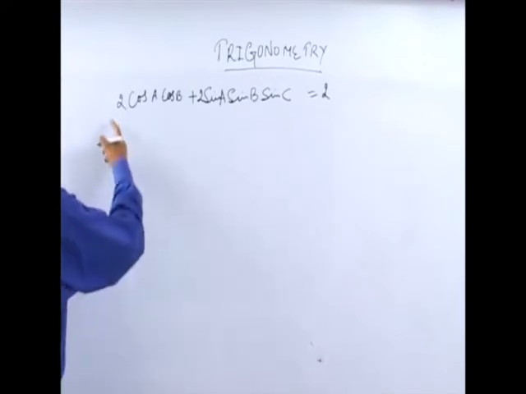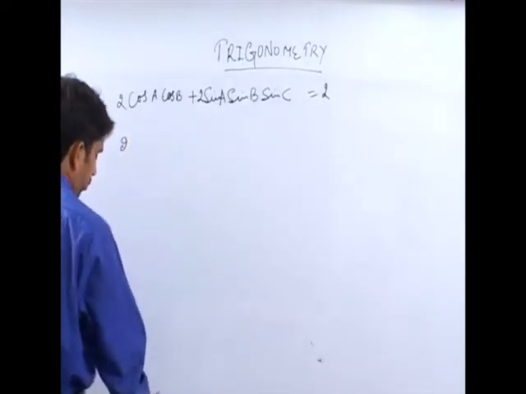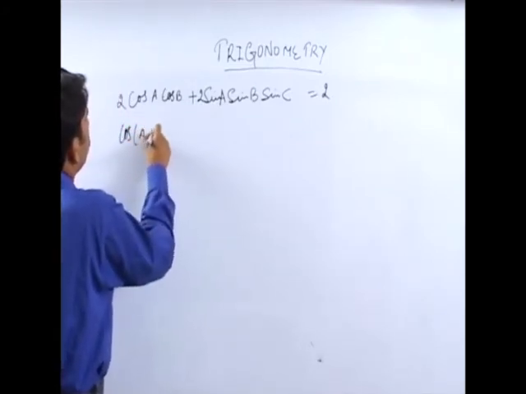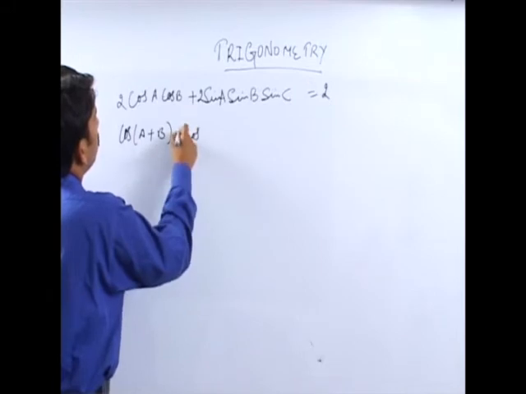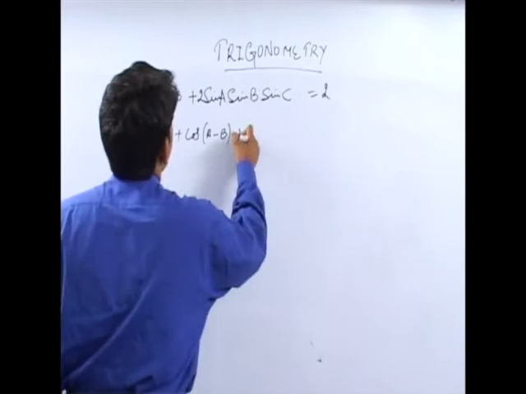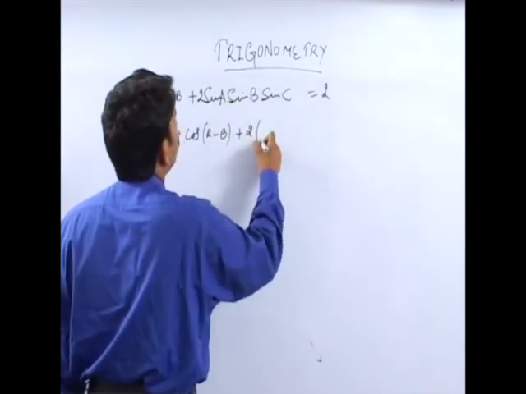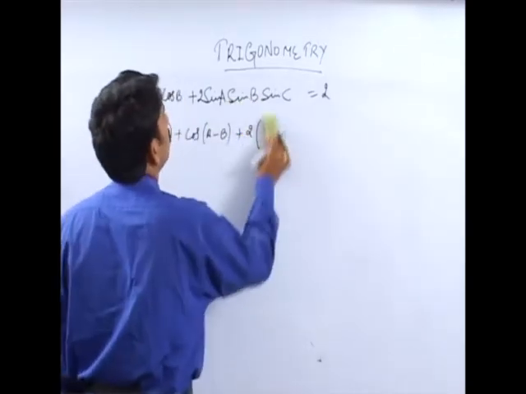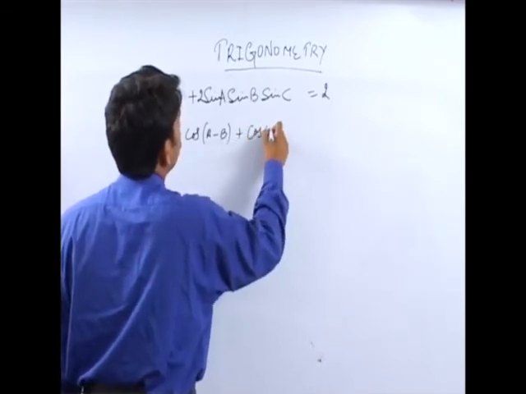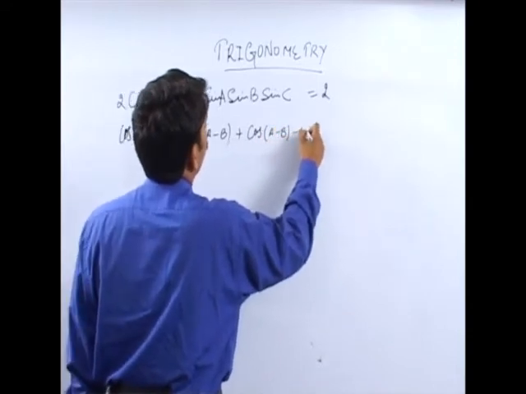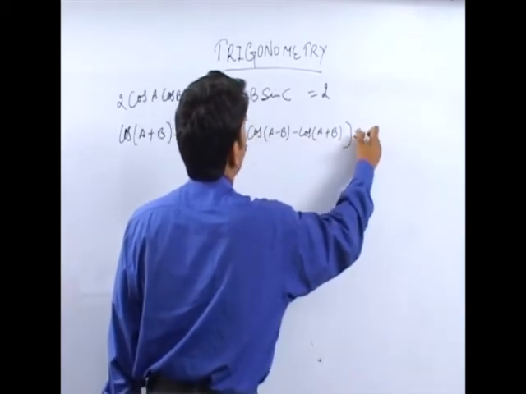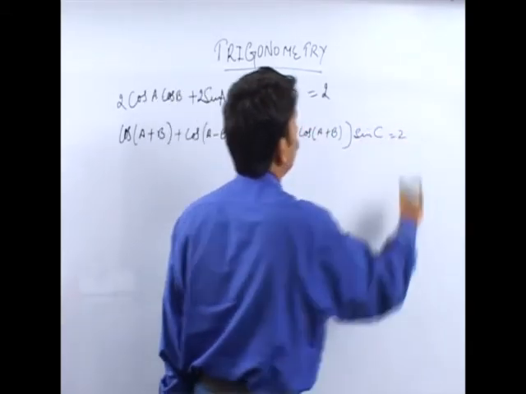Then you will get 2 cos A cos B, which is equal to cos of A plus B plus cos of A minus B, plus 2 sin A sin B, which will be equal to cos of A minus B minus cos of A plus B, whole into sin of angle C is equal to 2.